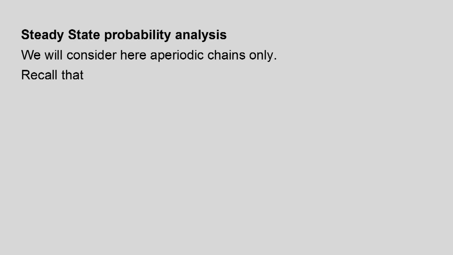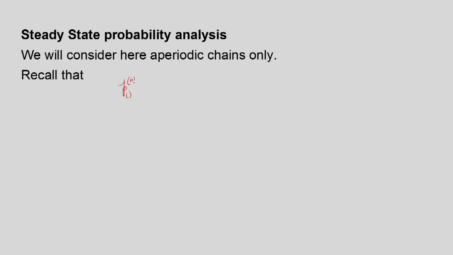So these results are useful in analyzing the steady state behavior of a Markov chain. Now we will consider here aperiodic chains only. Steady state analysis of periodic chains also can be done, but for simplicity we omit that.